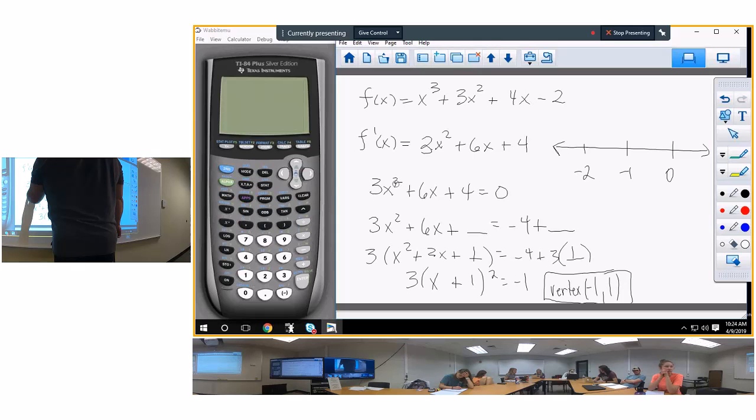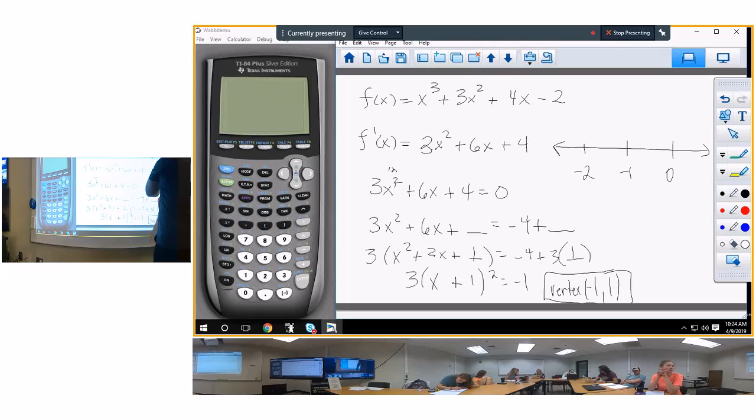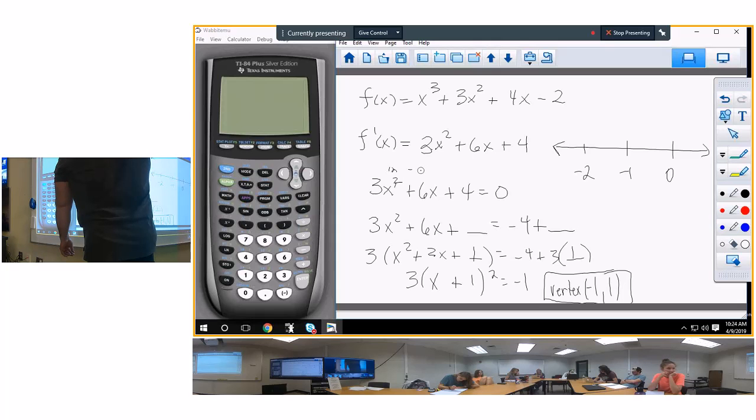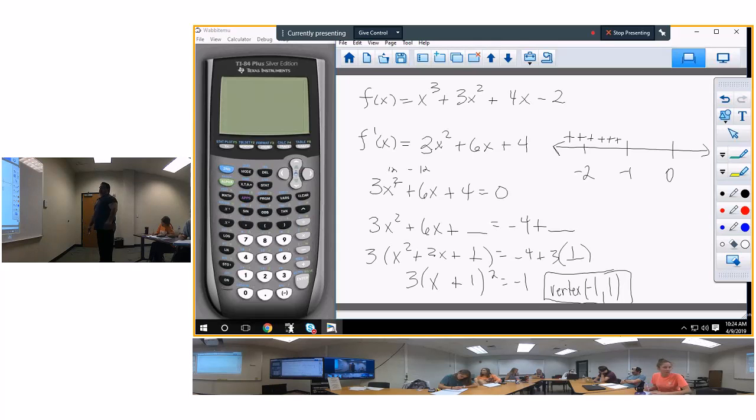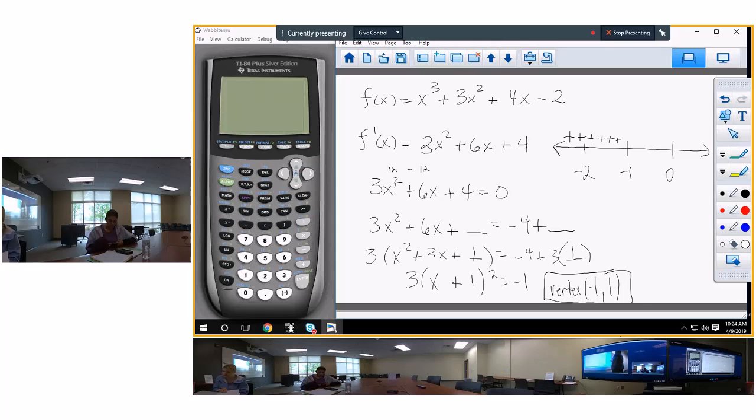Plus 4, that's 12. Put a 12 right there. What's negative 2 times 6? Negative 12. And then plus 4, what's 0 plus 4? 4. So we got a positive there. And then 0. What happens when you plug in 0? You get 4, so that's positive.